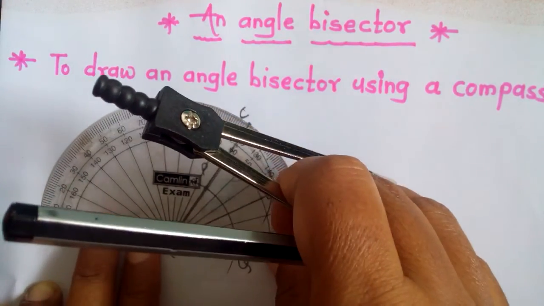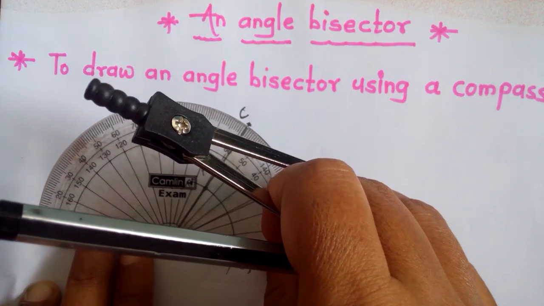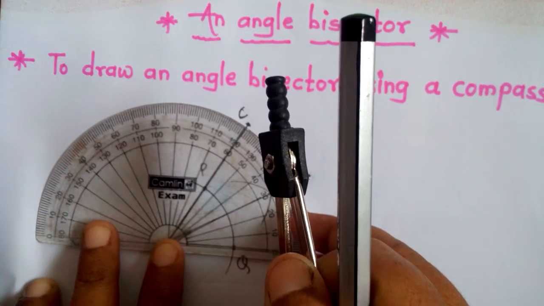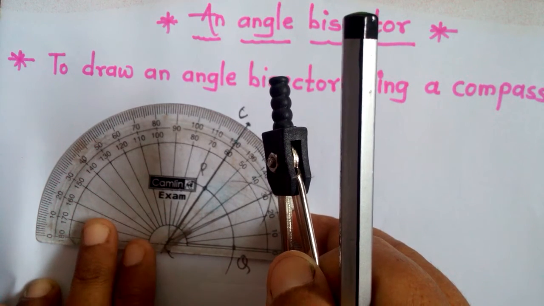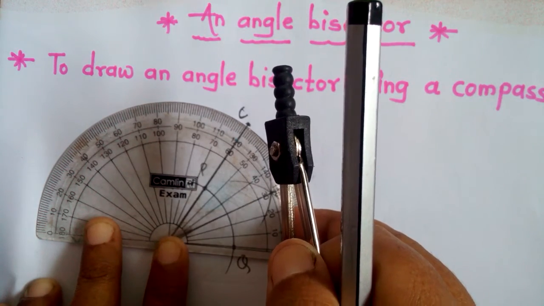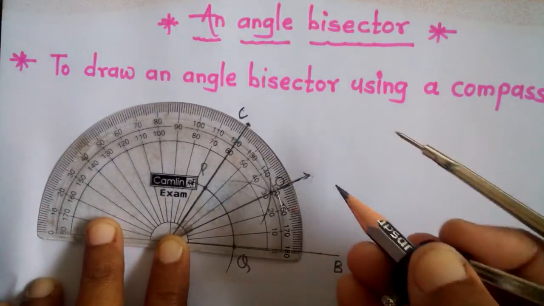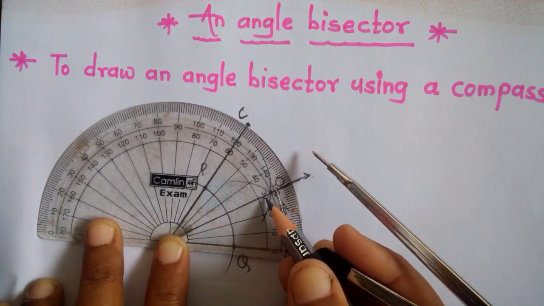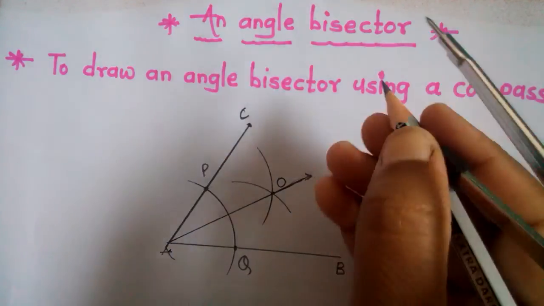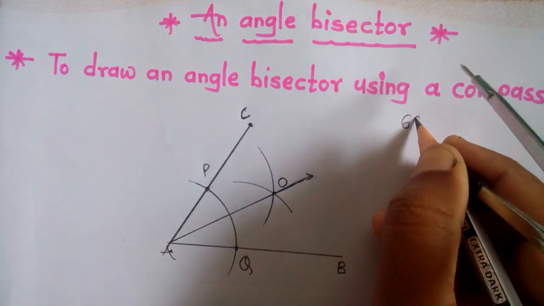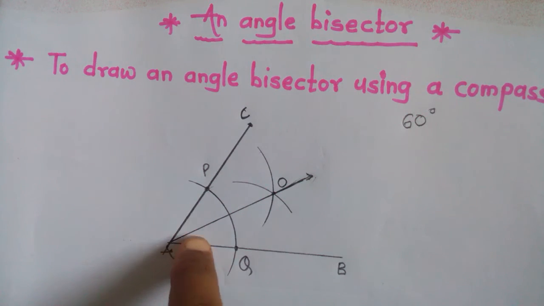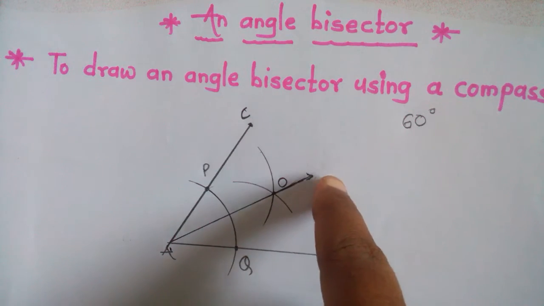Then we measure one angle. Properly we have to keep the protractor. Here also we join the line. See, this comes to 30 degrees. First we drew the angle, this one is 60 degrees, correct? Now with the help of the bisector we bisect this angle.